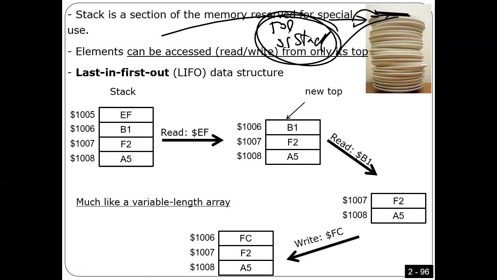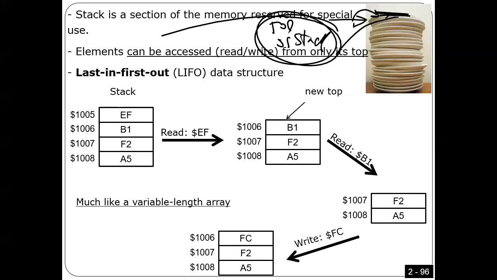I'm not going to teach it now because it has a special functionality. We're going to use it in a stack. So the address of the top of the stack should be pointed to by the stack pointer. That means if you want to read from the stack, I'm going to read from the location pointed to by the stack pointer. If I want to write, I'm going to write at the location pointed to by the stack pointer. And every time you read or write, the stack pointer is going to move up and down. You got what I'm saying?